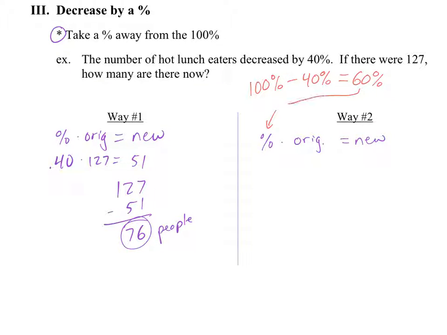So what we're trying to figure out is what's the 60%? What's the percent that's still eating lunch? So 40% don't eat lunch anymore. How many are the 60% that do? So now I can put in a 0.60. My original is 127. Now with a little bit of rounding, I'll get that same 76 people.